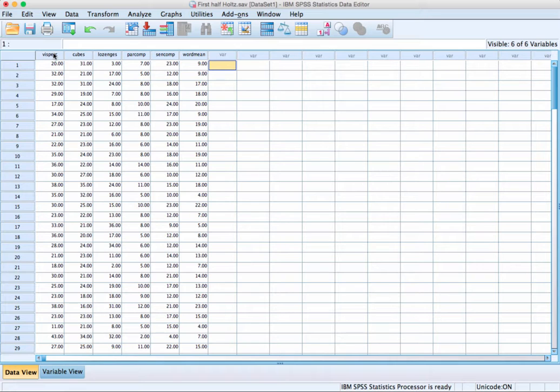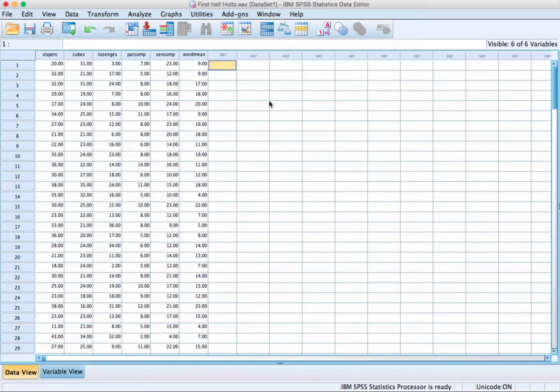So we have visual perceptions, cubes, and lozenges. Then we have paragraph comprehension, sentence completion, and word meaning. And so our goal here is to take this data set that had 301 individuals.